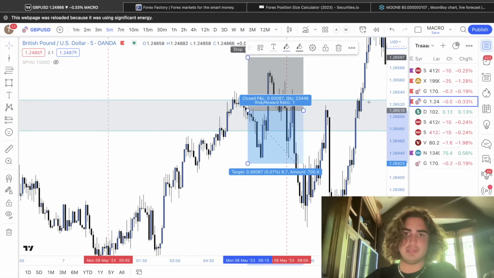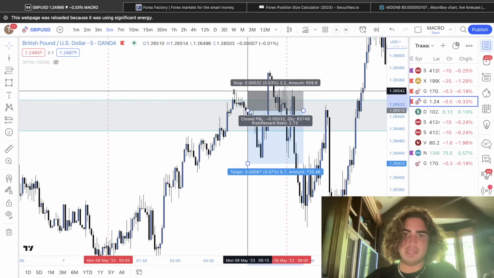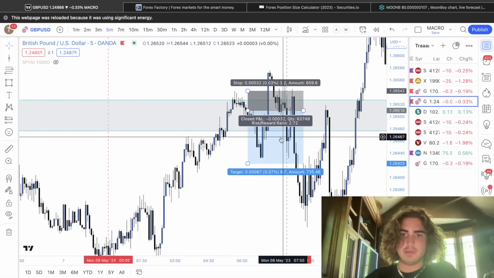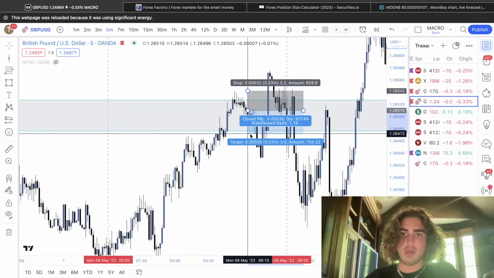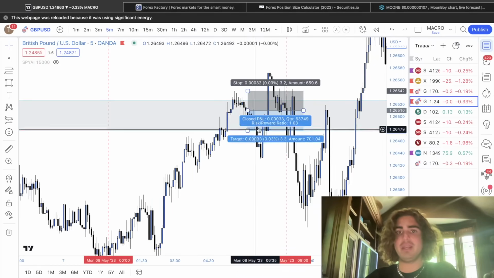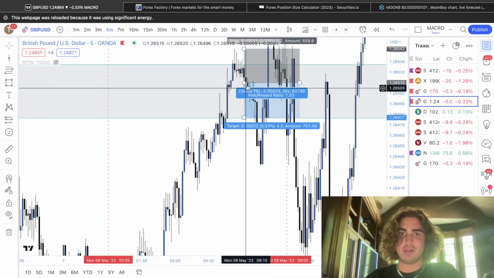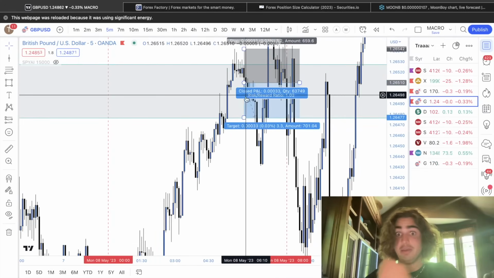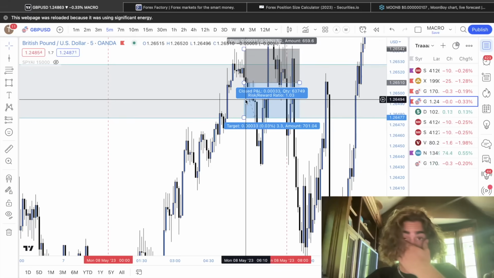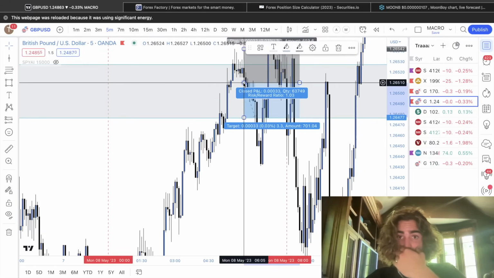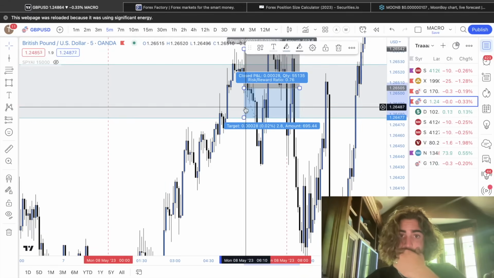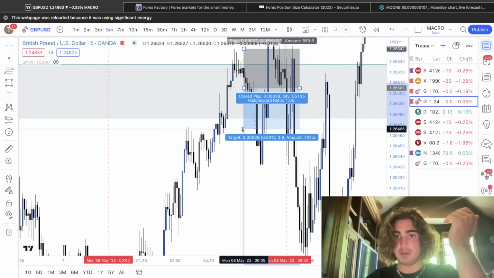Your stop is above these highs. So for a 1-to-1, you're hitting a 1-to-1 no matter what. You're entering on the close of this candle below this. And that's even being generous. You could even move it lower and still go for a 1-to-1 and hit a take profit on that.